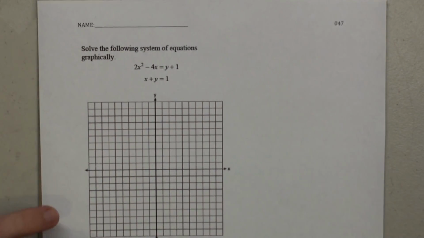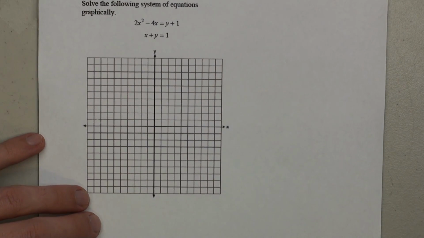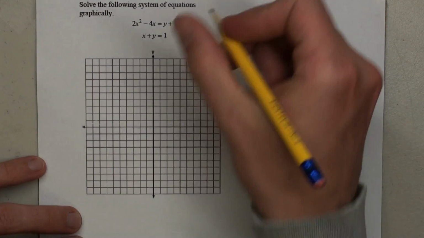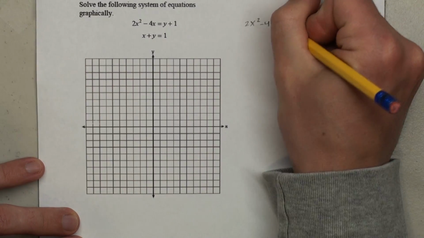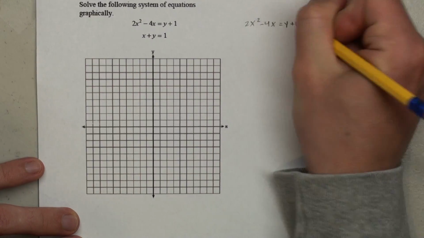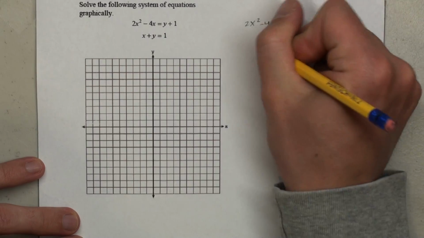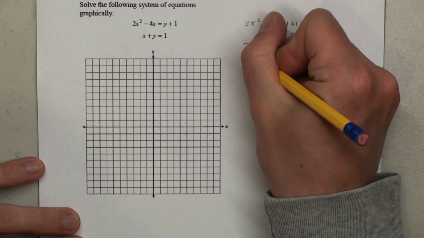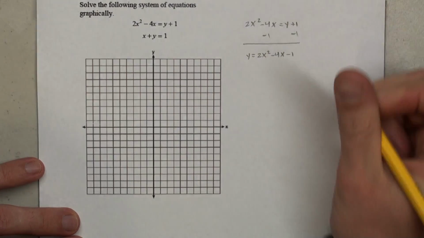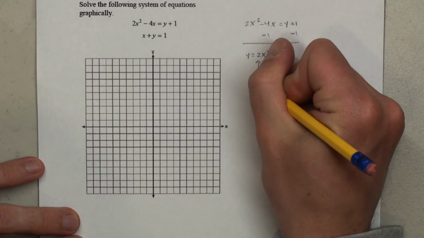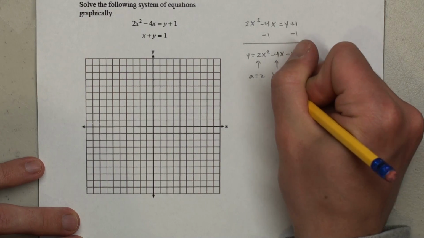Okay, let's look at this one. 2x squared minus 4x equals y plus 1. Subtract 1. I have y equals 2x squared minus 4x minus 1. A is 2.